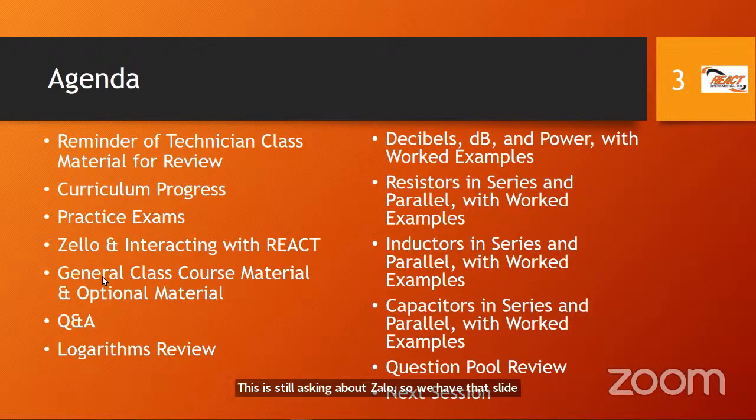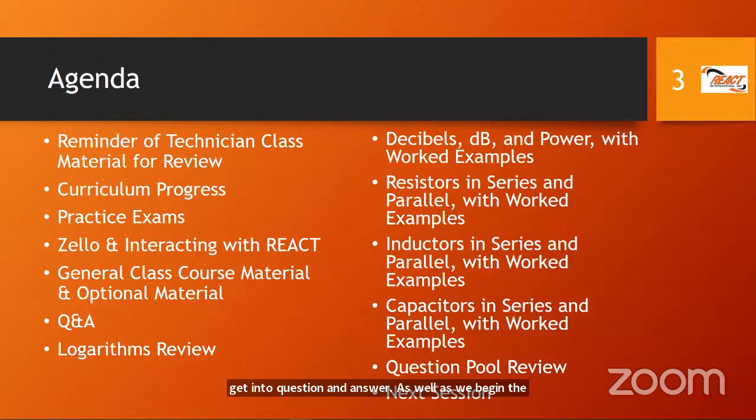We also have the slides up again on the general class course material and optional material. We keep getting questions from participants, so we'll repeat that for as long as necessary. Then we get into our question and answer, as well as we begin the technical topics for this evening.